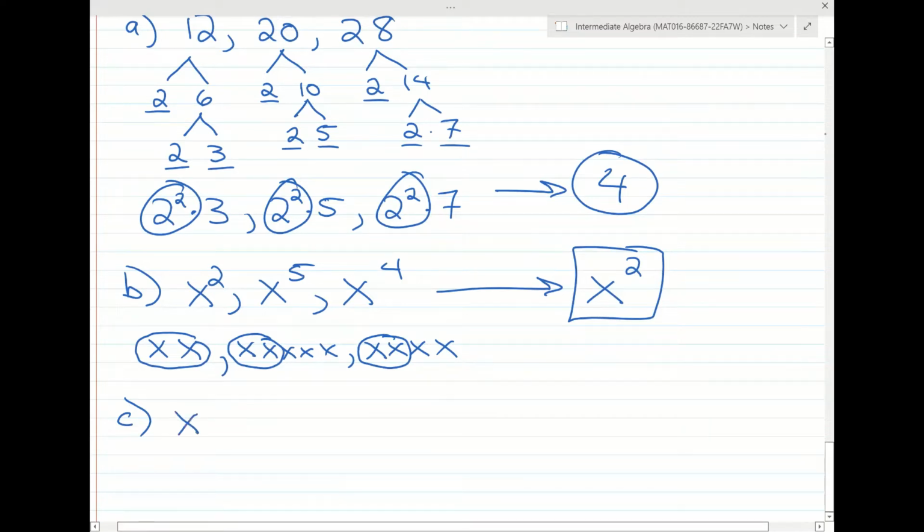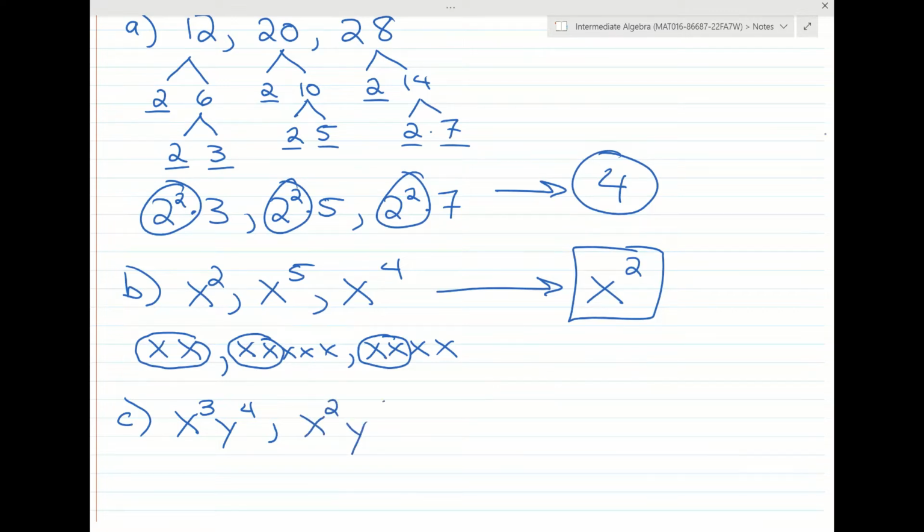What if we had x to the third, y to the fourth, x to the second, y to the sixth, and then x to the fourth, y to the third?